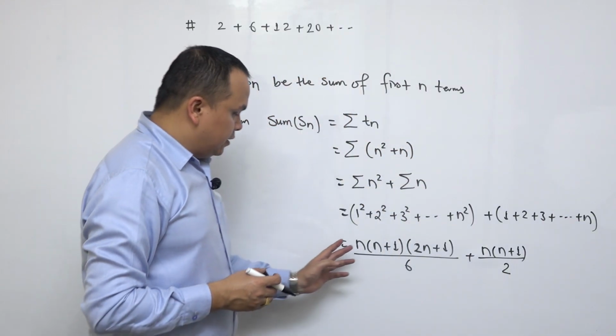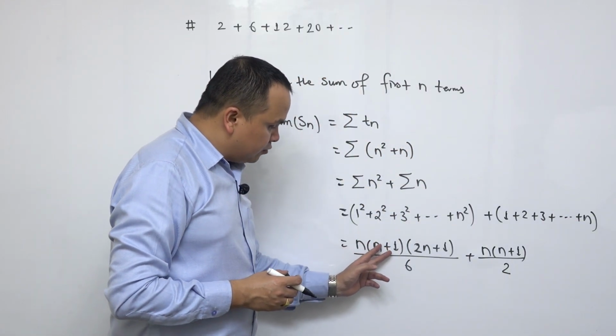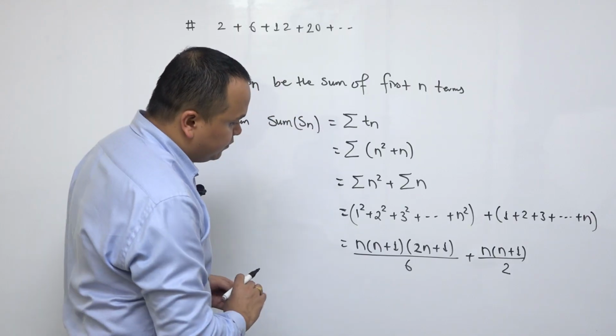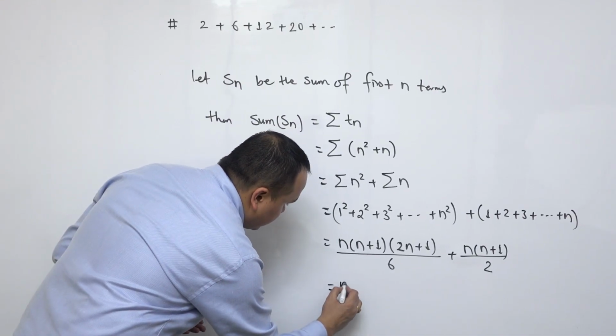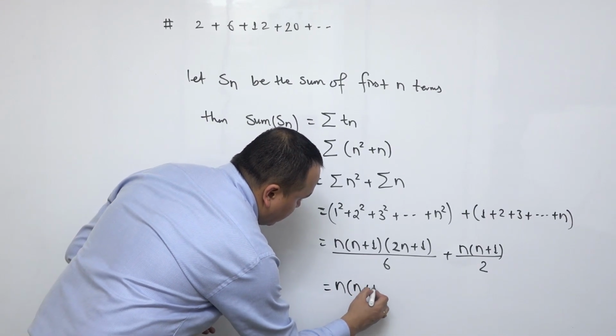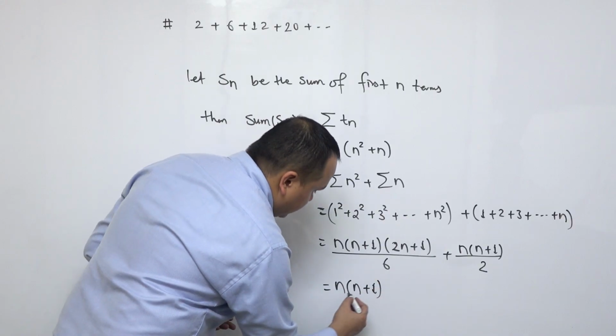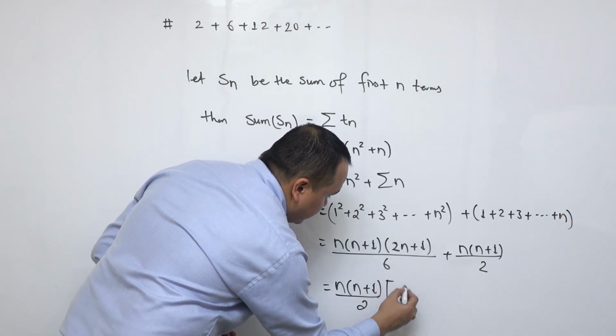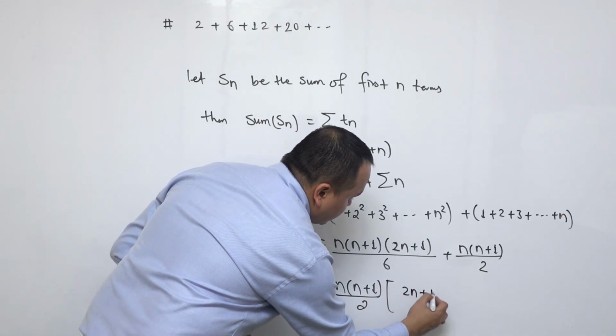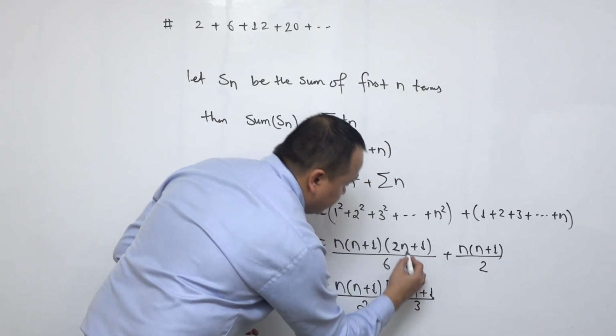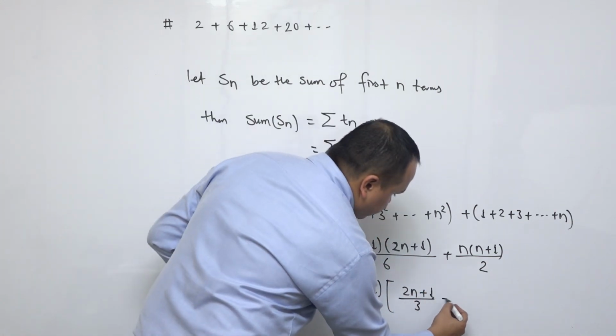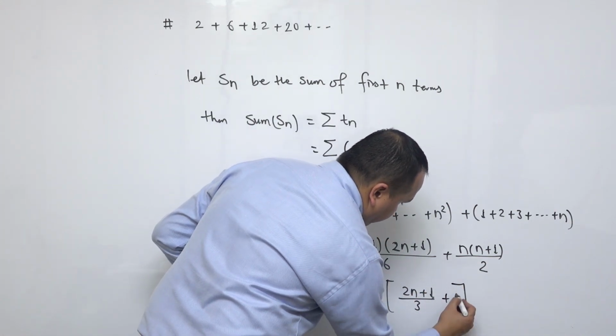Here (n plus 1) divided by 2 is common, then (2n plus 1) divided by 3 plus 1.